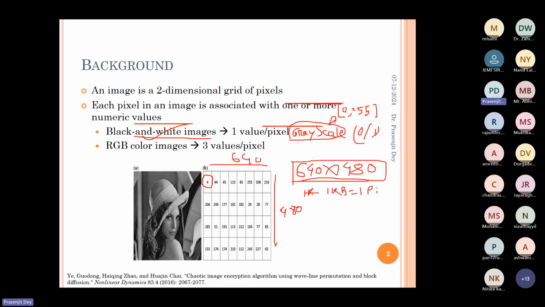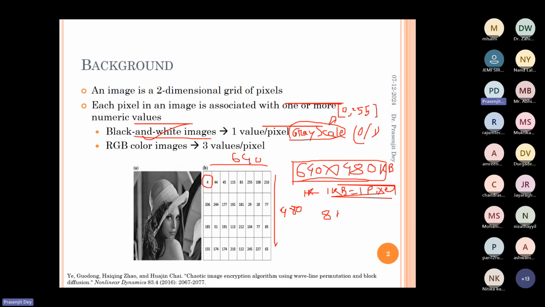So this will be the number of kilobytes of memory I require to store a single image. That is the storage requirement.